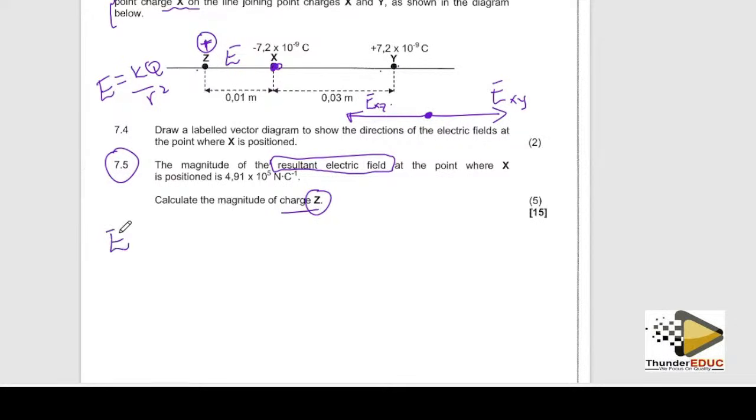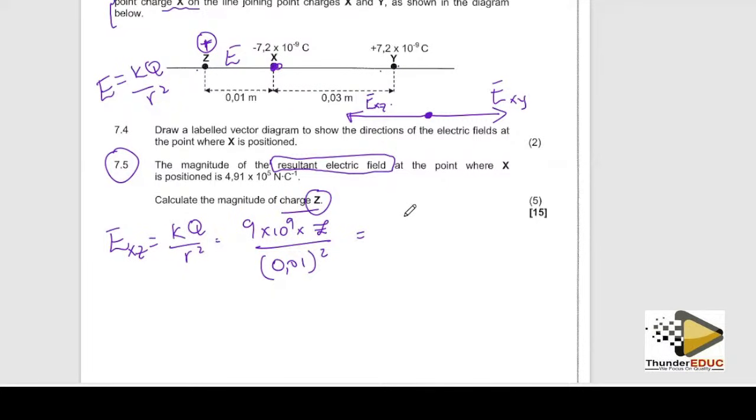So the electric field EXZ is going to be KQ over R squared, which is 9 times 10 to the 9 times my Q here, which is Z, over 0.01 squared.